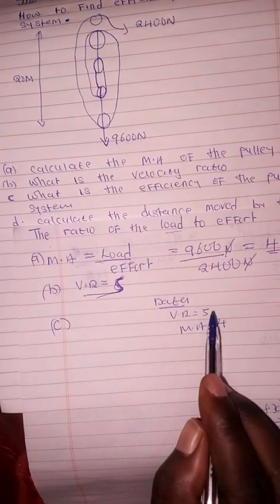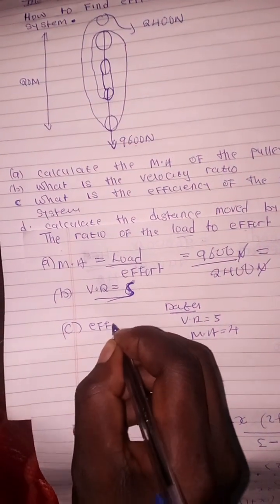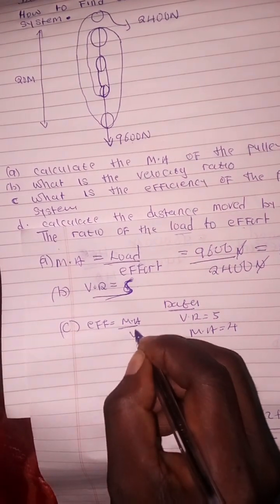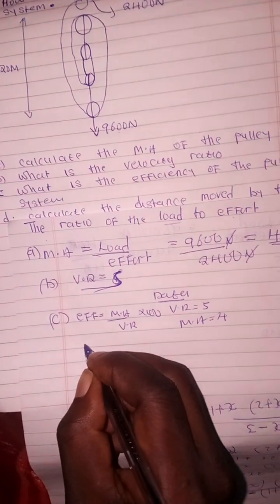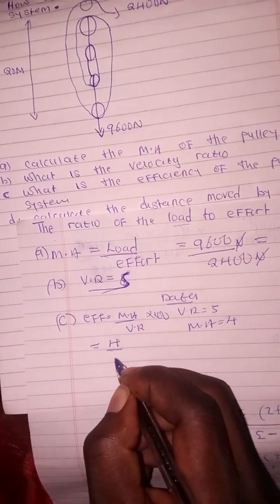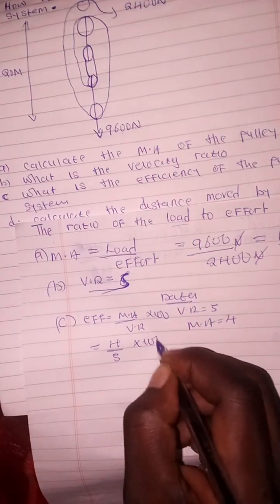So we're going to use the formula: efficiency is equal to mechanical advantage over velocity ratio times 100. Mechanical advantage is 4, over velocity ratio, which is 5, then times 100.